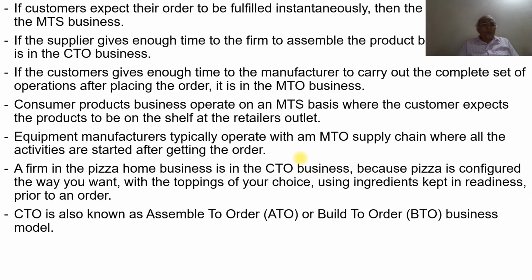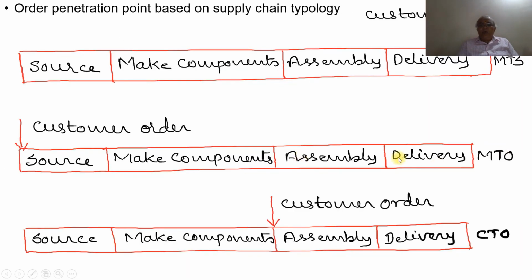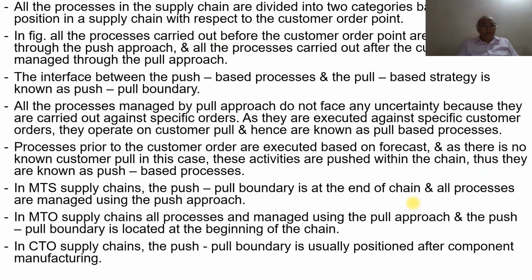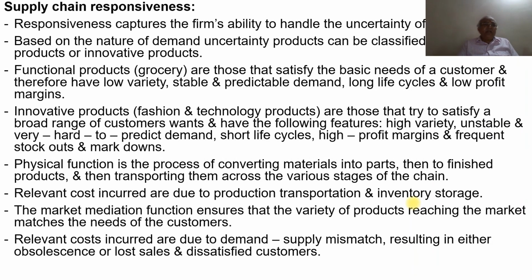We can see here from this CTO that the customer order comes after making the component, and depending upon the customer requirement, accordingly we do the assembly and deliver. So this is configure-to-order, and the push-pull boundary is usually positioned after the components are manufactured. In our next video, we will discuss supply chain responsiveness. Thank you.